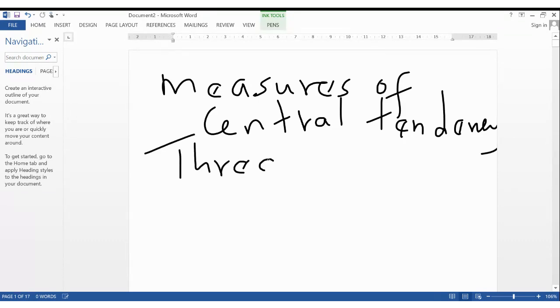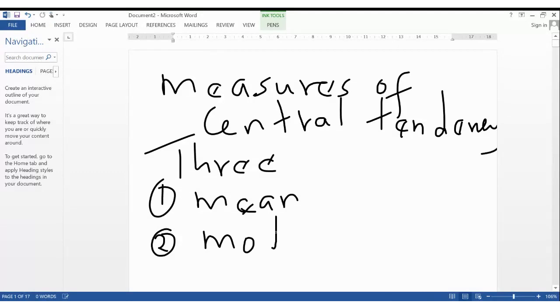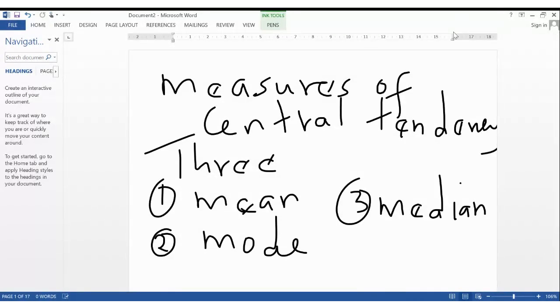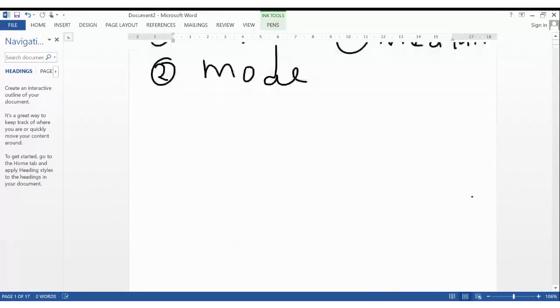We have number one, the mean, number two, the mode, and number three, the median. So today we are just covering these three. You need to understand them clearly. So we begin with the mean.